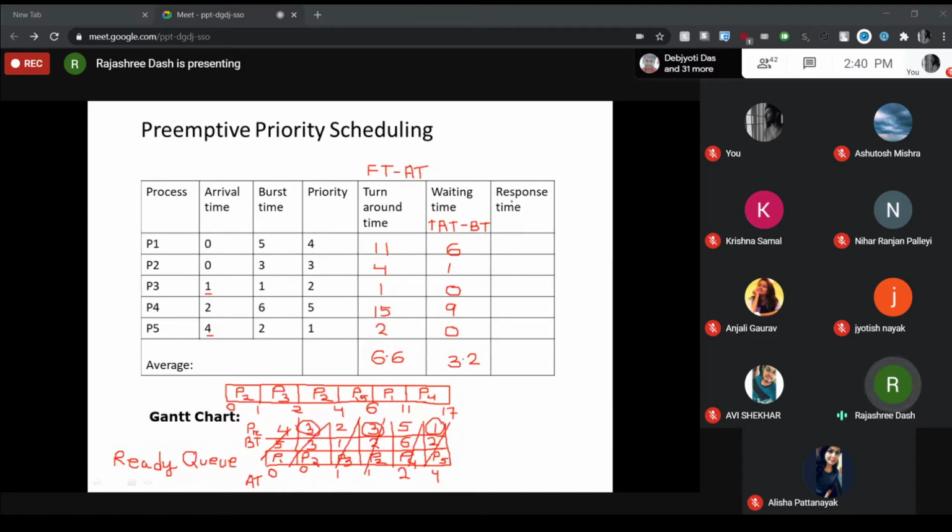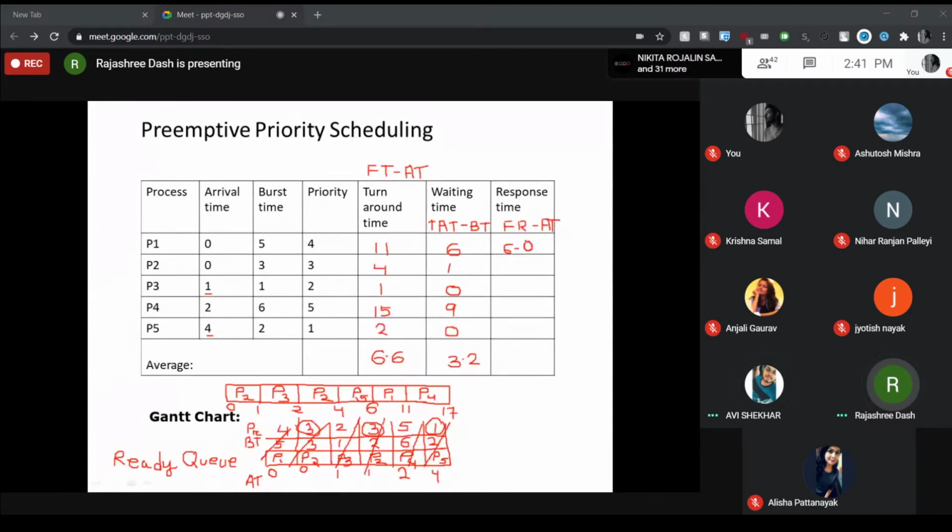So now let's find out the response time: first response minus arrival time. For P1, what will be the response time? Yes, 6 minus 0, that is 6.